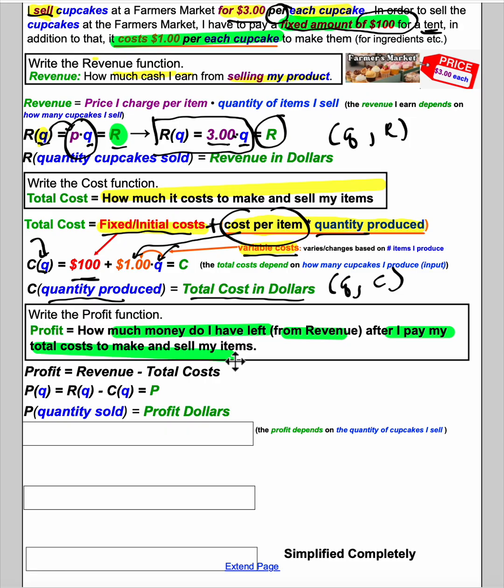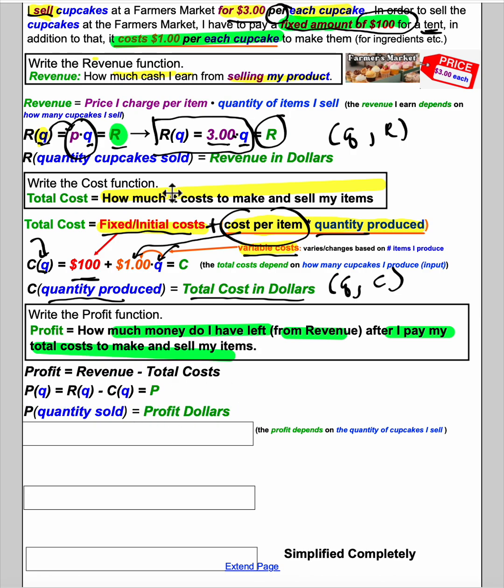So essentially, how much money do I have left to put in the bank? Just because I sold and have in my pocket or my cash register the revenue from my cupcakes, I have to pay for the tent and then I have to cover the costs for each cupcake. So I have to subtract that off. So profit is equal to revenue minus cost.